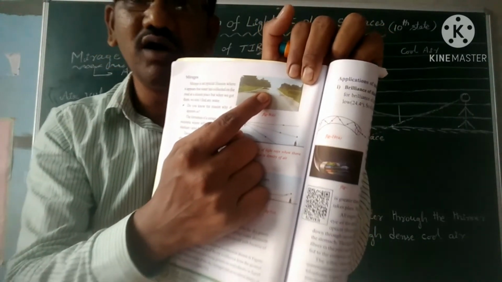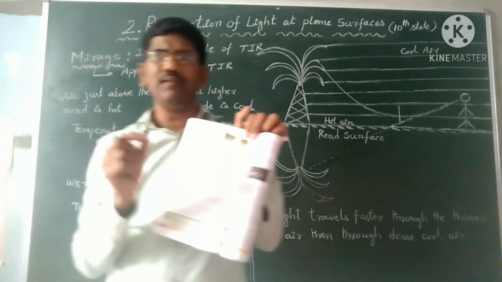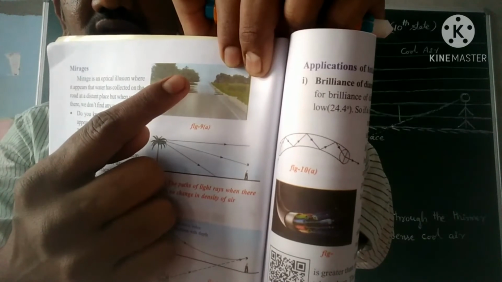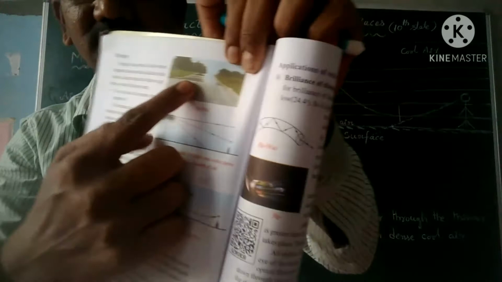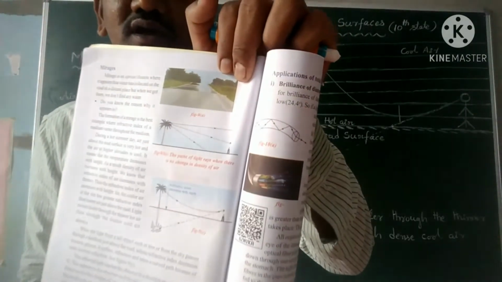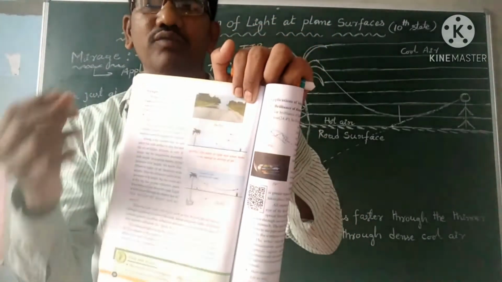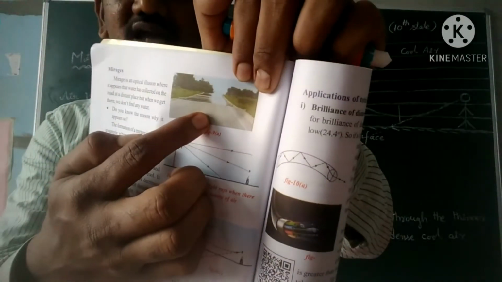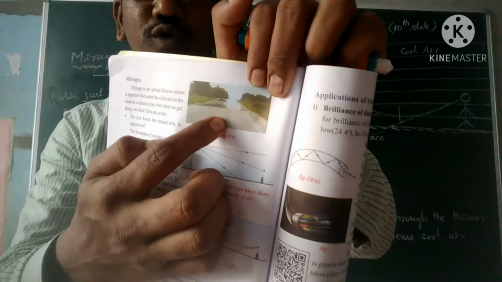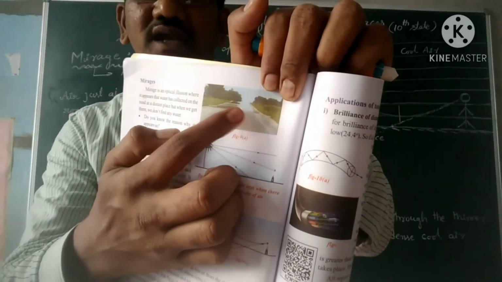In the daytime we go in a vehicle and observe that at some distance some water has collected on the road. But when we get there, we don't find any water. See in this picture, there are some water patches or small water pools on the road, but when we go to that place, we don't find any water.